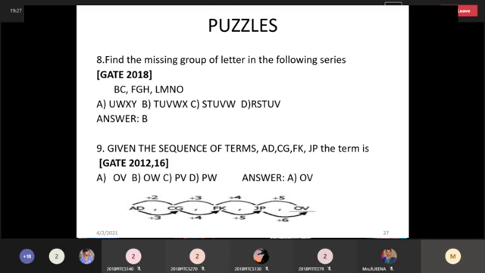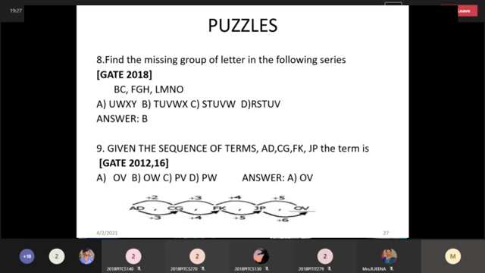A to C is plus 2, C to F is plus 3, F to J is plus 4, J to O is plus 5. And D to G is plus 3, G to K plus 4, K to P plus 5, and P to V plus 6. So we have the options OV, OW, PV and then PW. So the correct answer will be OV. Okay. So OV is the correct answer, option A.